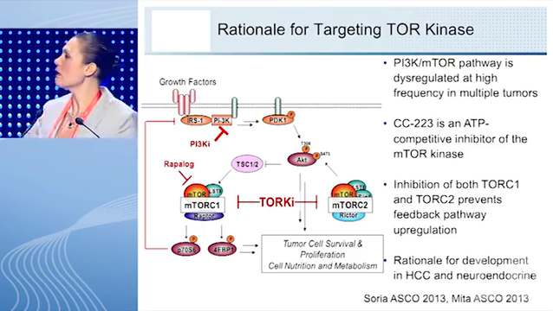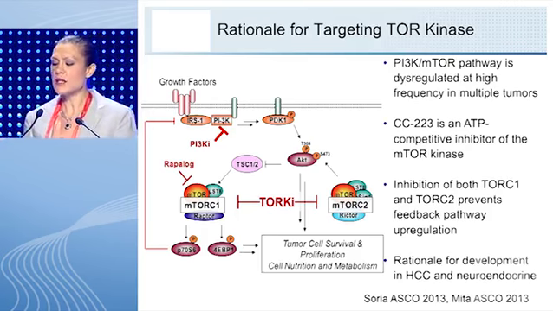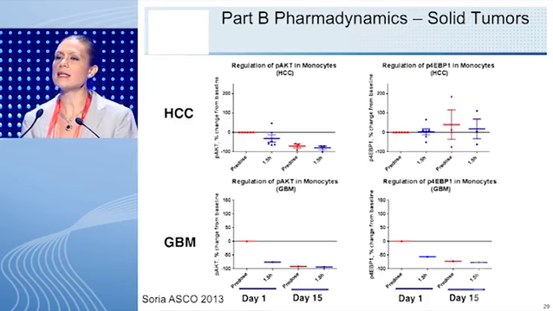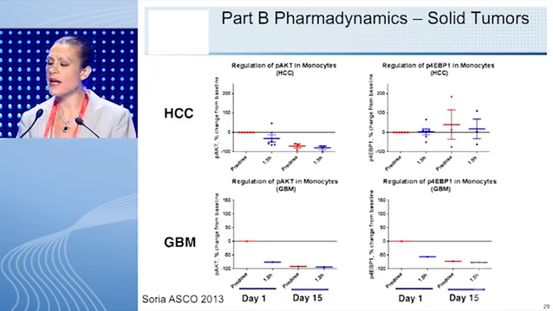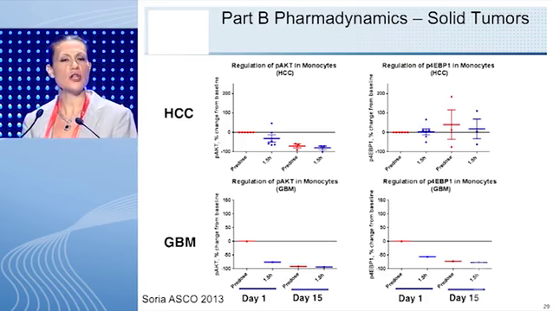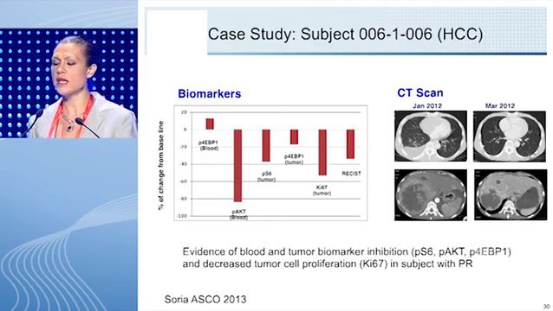And you can see the downstream targets including phospho-S6 as well as 4-EBP1. And within this study, they presented data looking at monocytes in circulating blood to show us that they're actually hitting the pathway. This is HCC and GBM patients looking at those circulating monocytes, seeing consistent decreases in phospho-AKT as well as 4-EBP1 with treatment with CC223. So we're hitting our target.